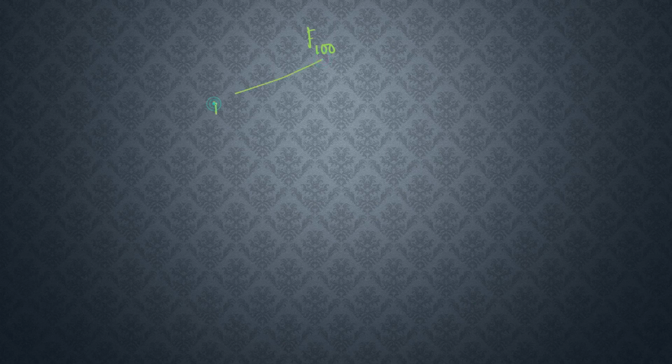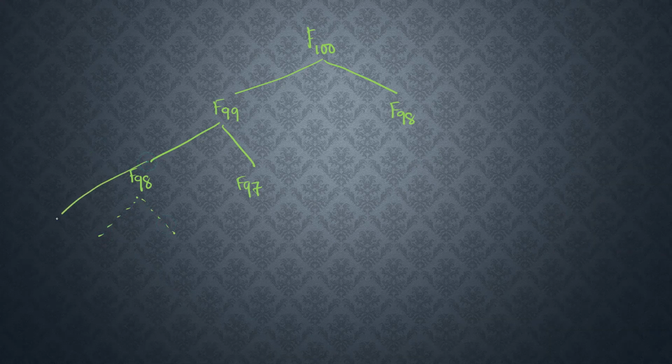So you will ask for the 99th element and also need the 98th element, and this 99th element needs the 98th element and the 97th element, and this 98th element will be actually calculated, and this will be a pretty huge portion, you can imagine.